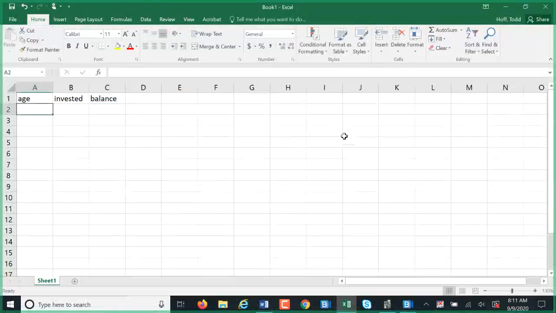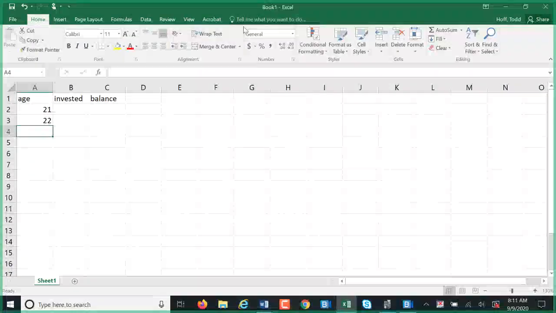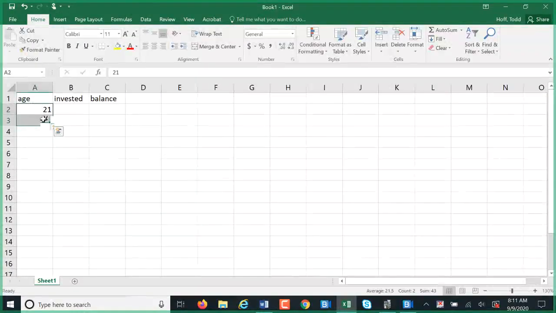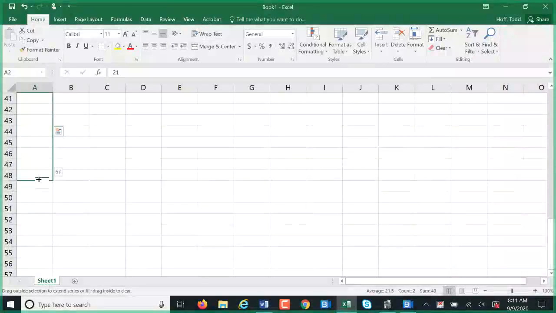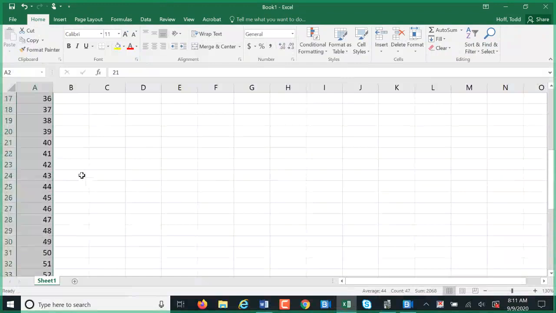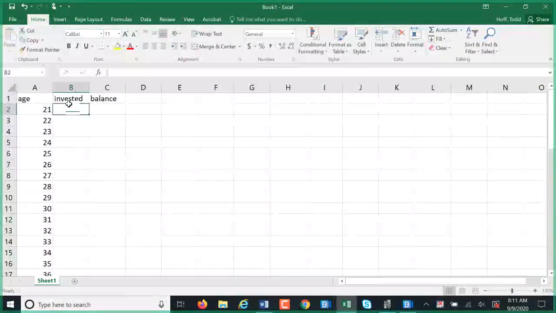So let's start out at 21, which is typically what I start out at, just to show people that power of the age. And we'll go up to 67, which is what current full retirement is.